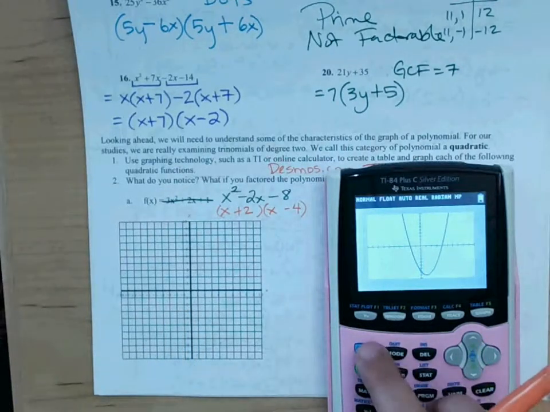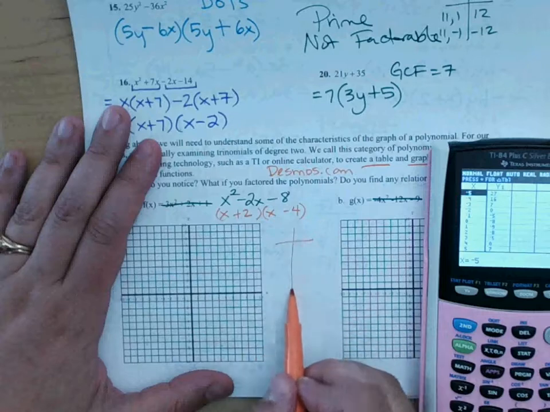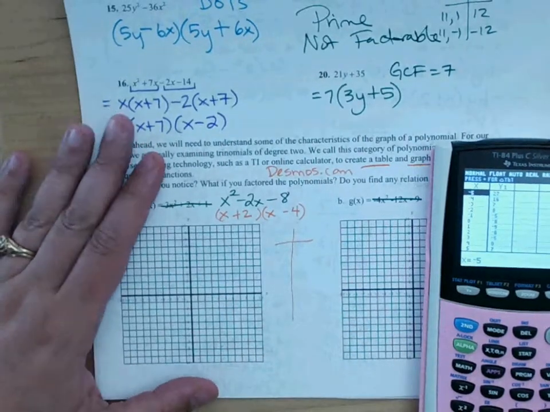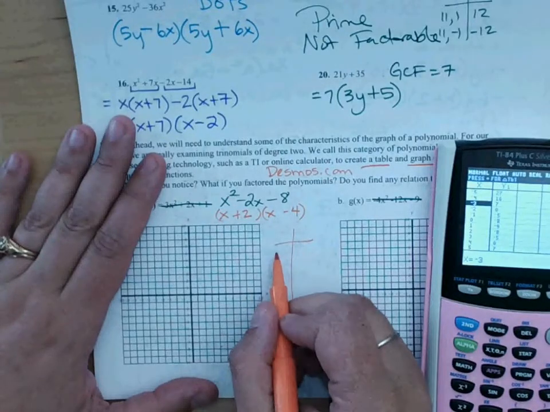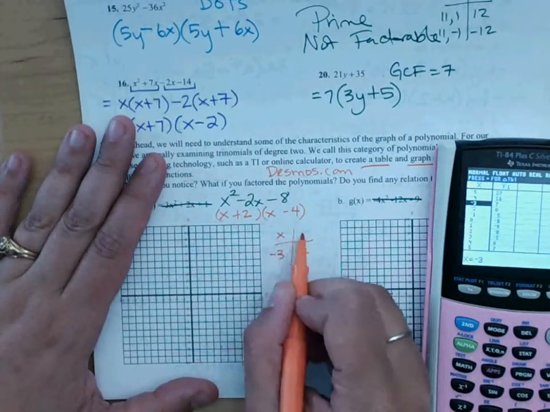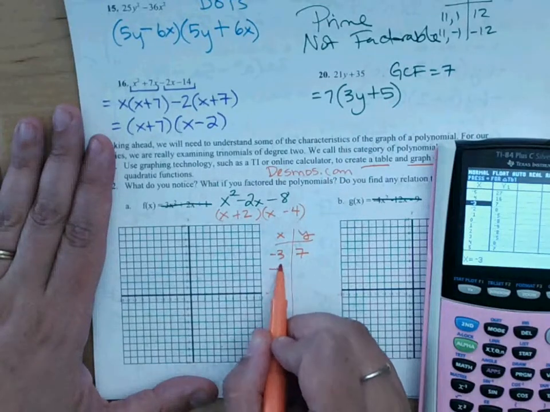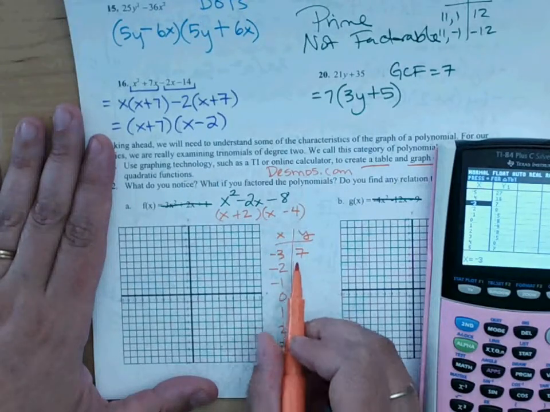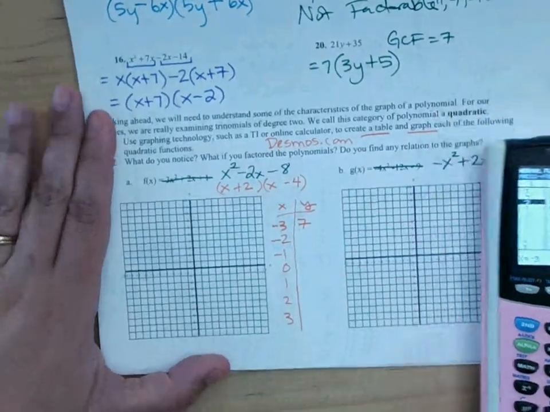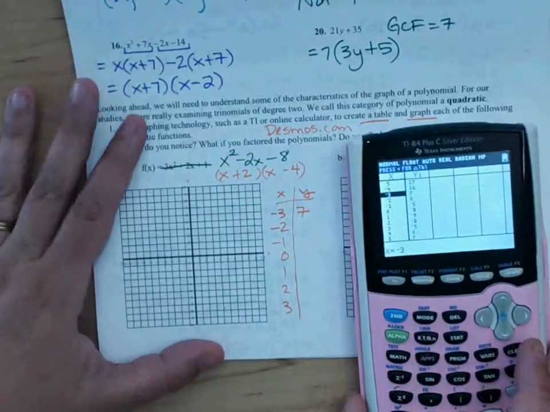In order to get to the table, we go second graph, and that takes us to a table of values. So let's just draw out the table, and it'll make it easier to plot. So let's start with -3, 7. So these are our x and y values. By the way, if you just created a table of values, -2, -1, 0, 1, 2, 3, if you were to plug in those x values into your function, you would get the same y values that are in the table.